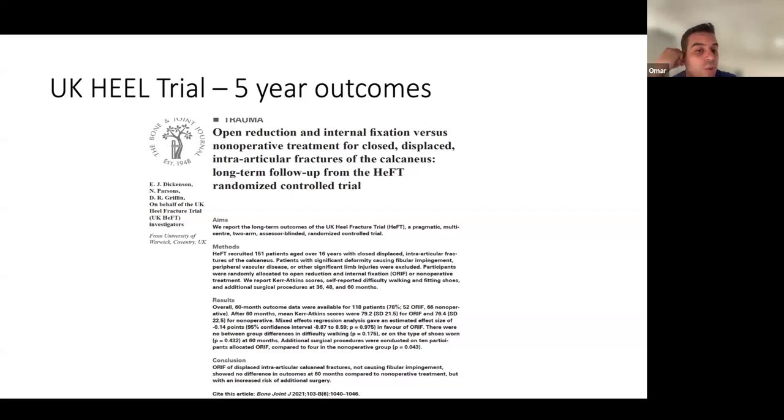They probably had their main outcome, which is the Kerr-Atkins score, but then they had multiple other secondary outcomes that they would have had a p-value for, because they would have analyzed those. So all of those would have had a p-value.